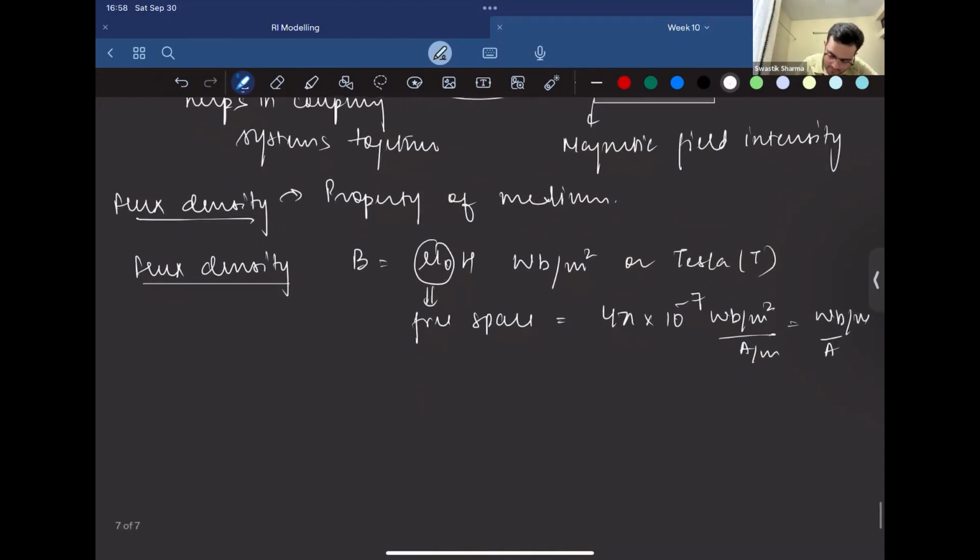Mu naught is called the permeability constant. So for free space, it's given by this quantity.